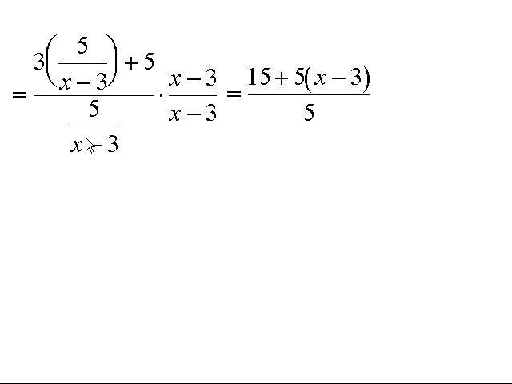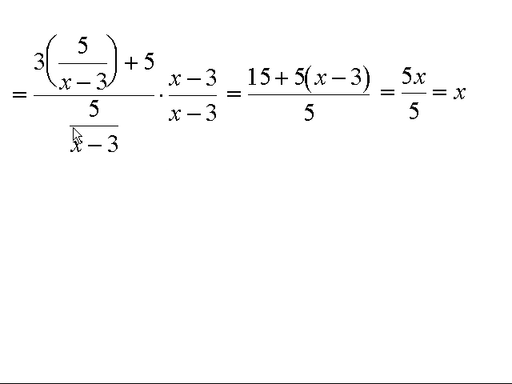And on the bottom, x minus 3 cancels, it's just 5 that comes out. Notice that you can combine like terms. 15 plus 5x minus 15 is 5x on top, 5 on the bottom, and that cancels to give plain old x back.